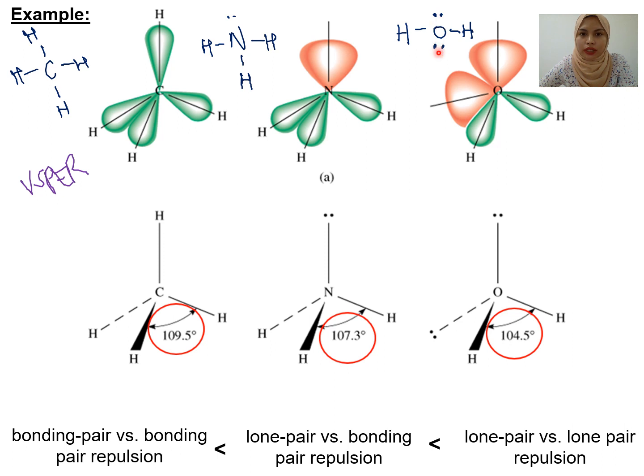But it has 2 lone pairs and 2 bonding pairs. For 4 electron pairs around the central atom, the molecular shape is supposedly tetrahedral.